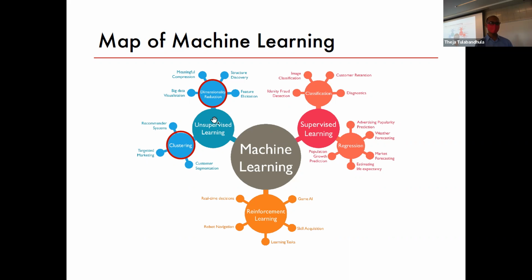And two of the circles here, these are not the only unsupervised learning techniques, but for example, dimensionality reduction is saying, hey, out of these 100 covariates or features, which are the prominent ones. And clustering is saying, hey, is there a natural grouping of my data points, which maybe will give me segments of customers.